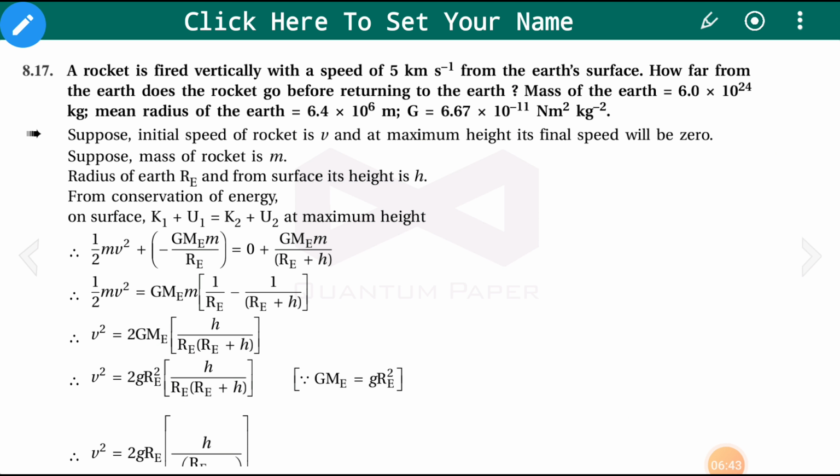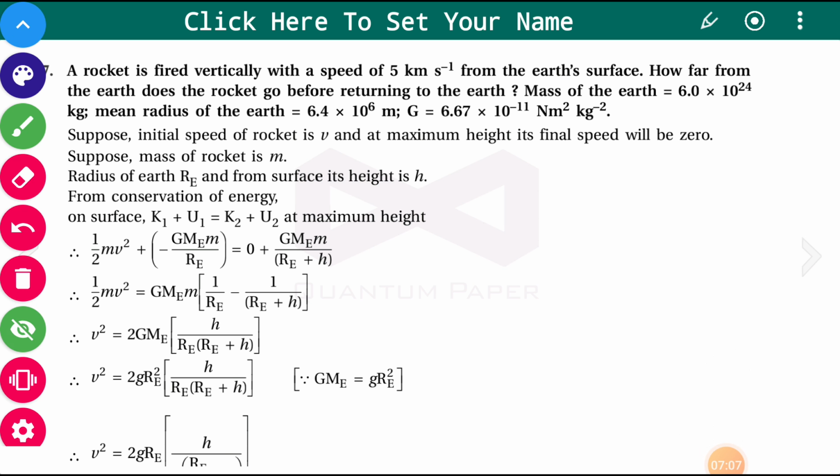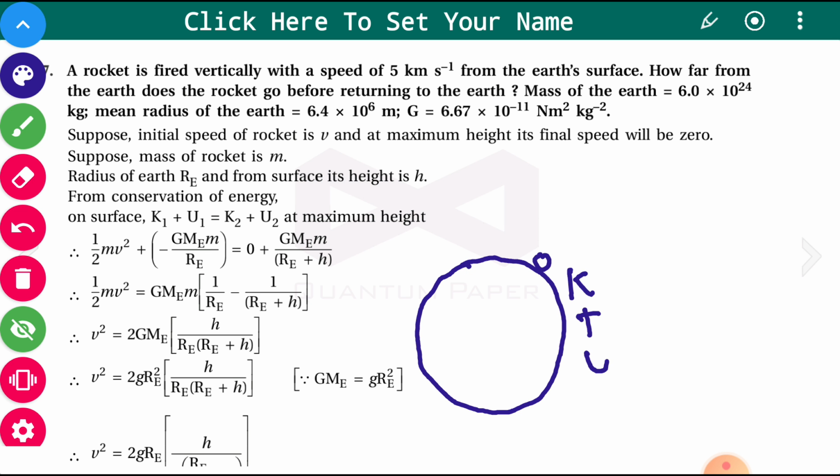Okay. A rocket is fired vertically with the speed of 5 km per second from the earth's surface. How far from the earth does the rocket go before returning to the earth? Mass of the earth is given, mean radius of the earth is given, and the value of the gravitational constant G is also given to us. Now try to understand that the rocket is sent from the surface of the earth. So initially the rocket will have kinetic energy plus potential energy.